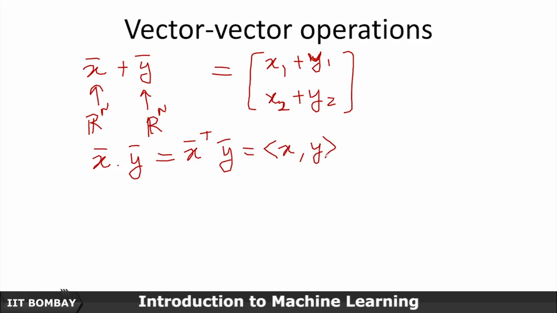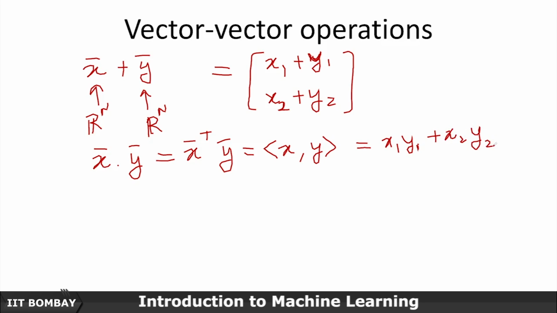All three mean the same thing, and basically we take a sum product of the corresponding dimensions. So this would be x1 y1 plus x2 y2, and if we had three dimensions then it would be plus x3 y3 and so forth.